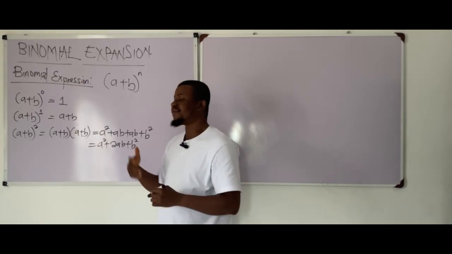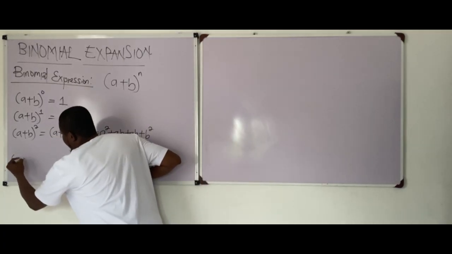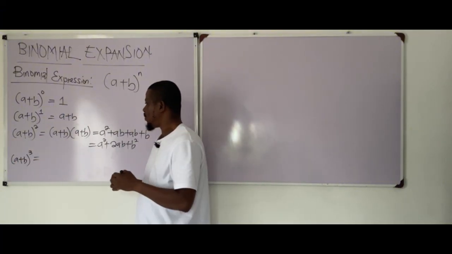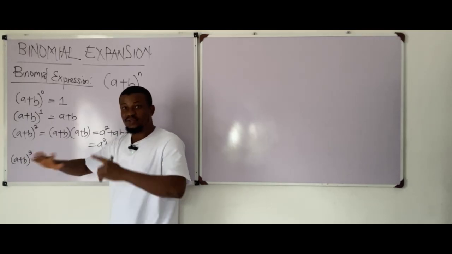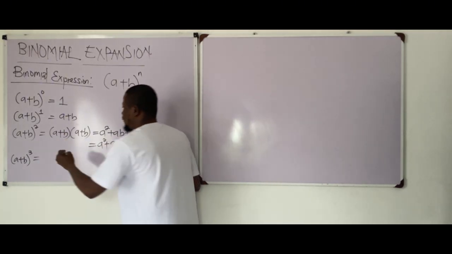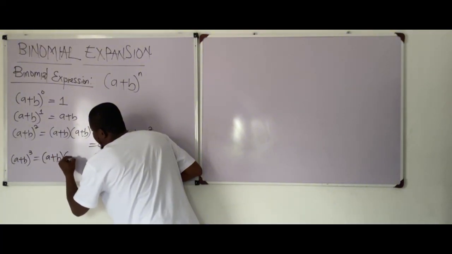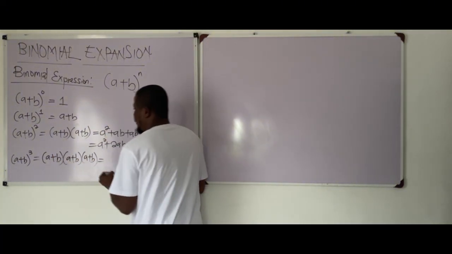Now let's say you have (a + b) to the power of 3. This is more like combining this expression into three brackets: (a + b)(a + b)(a + b).